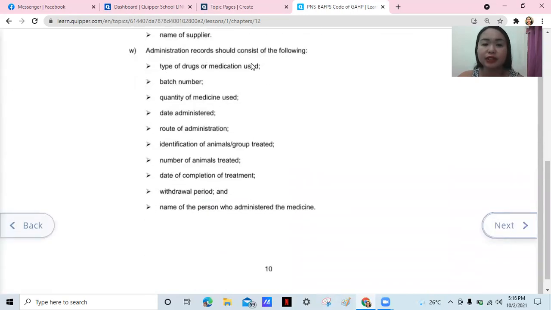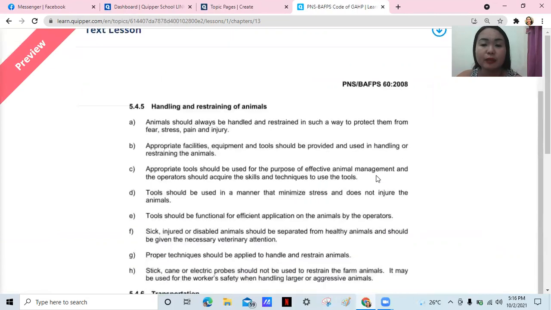And also administration records should include the type of drugs or medication used, batch number, quantity ng medicine, date administered, route of administration, identification of animals or group treated, number of animals treated, date of completion of treatment, withdrawal period, and the name of the person who administered the medicine. So those are very important.